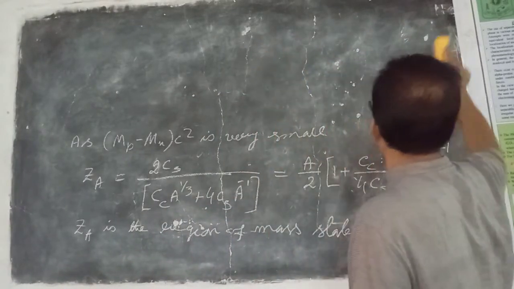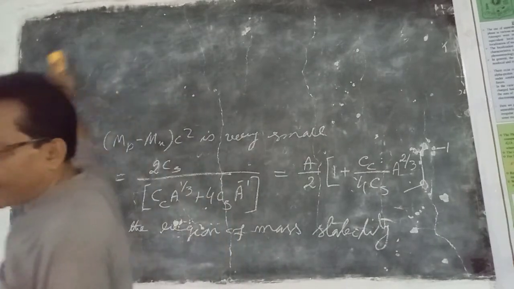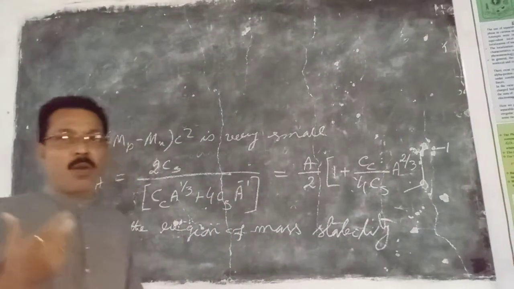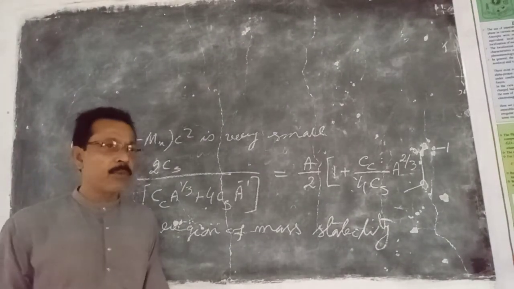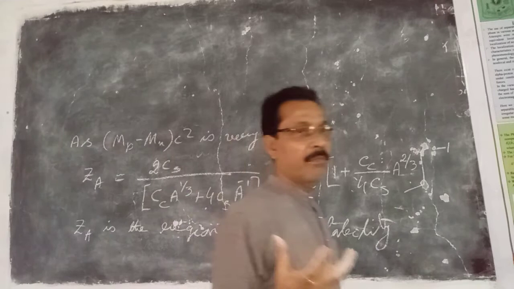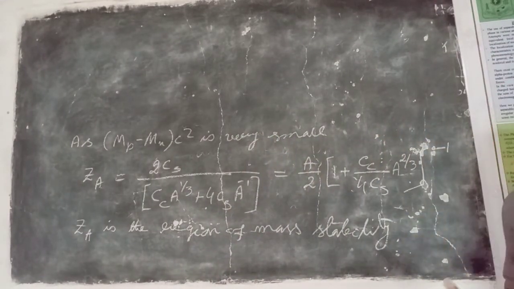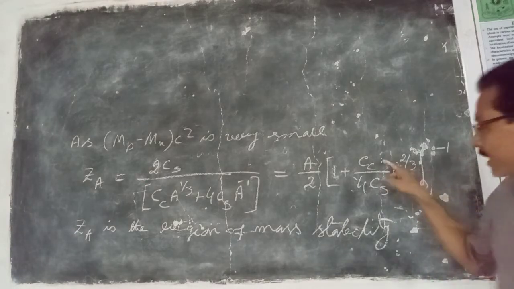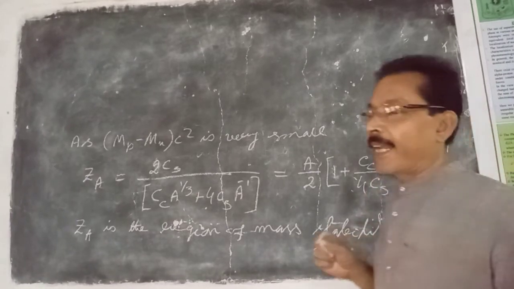They are determined from the theoretical calculations or by adjustment to fit the actual mass or the binding energy of a particular nuclide. Suppose we know the actual mass of a particular atom or the binding energy of that nucleus, then what will be the values of Cv, Cc, Cs, Ca like that?